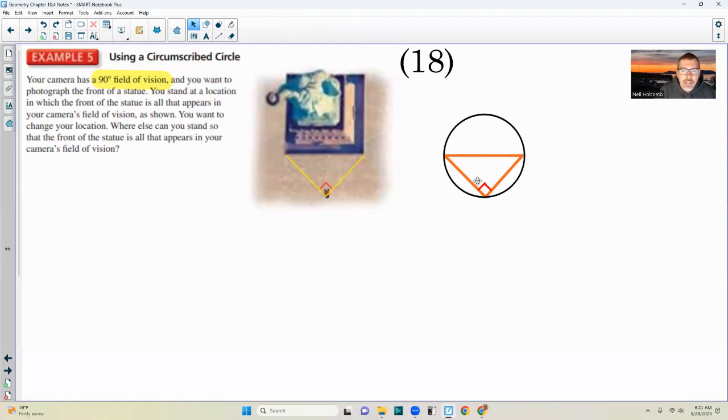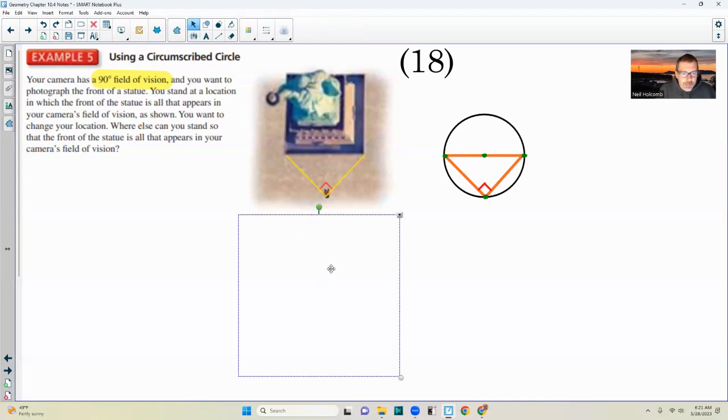Okay, so here is a circle. Notice what just happened. We have our camera sitting on the circle. We have a 90-degree field of vision. So our hypotenuse, here's the center, our hypotenuse is a diameter. So no matter where I move my camera on this circle, if I turn it properly, I'm only going to get the front of the statue, which is from here to here.